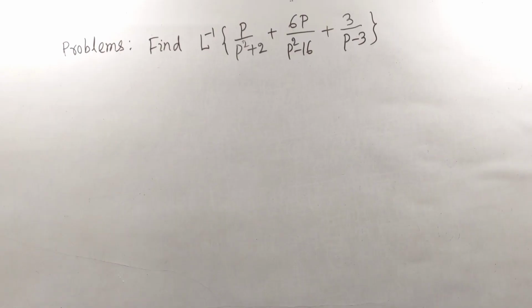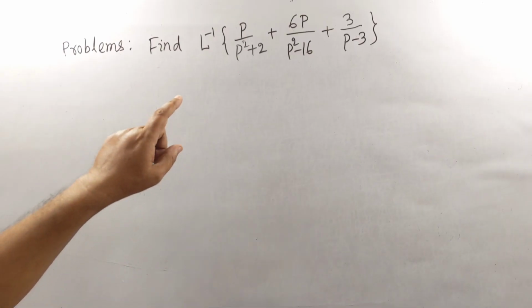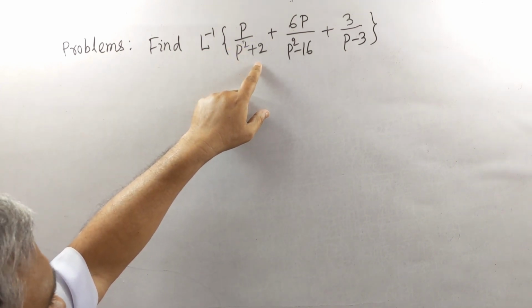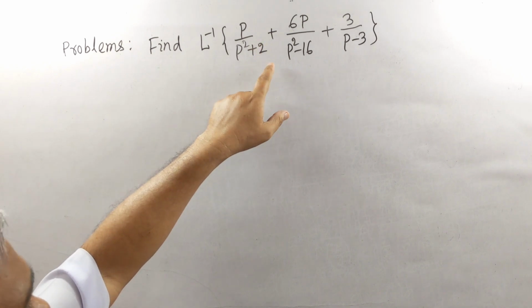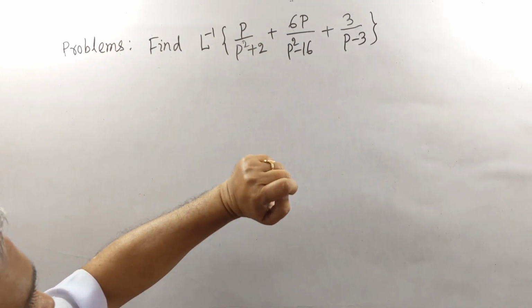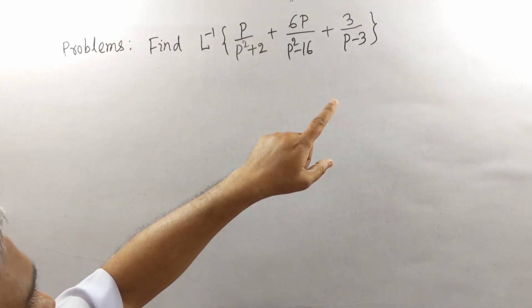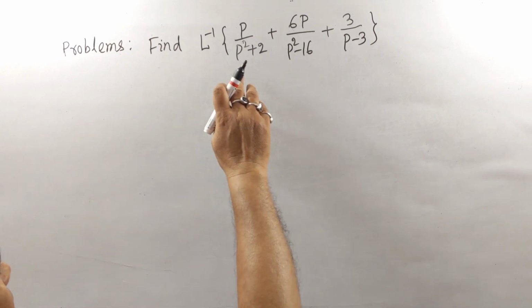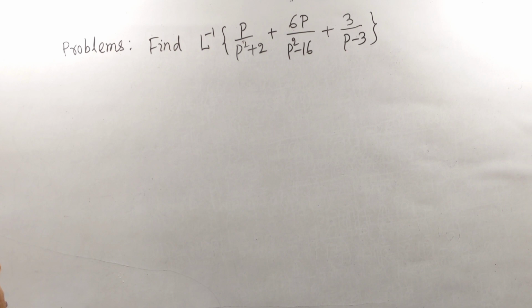Now we shall find the inverse Laplace transformation of p by p square plus 2, plus 6p by p square minus 16, plus 3 by p minus 3. And we know that inverse Laplace transformation is a linear transformation.